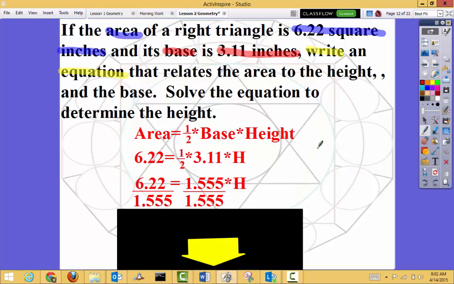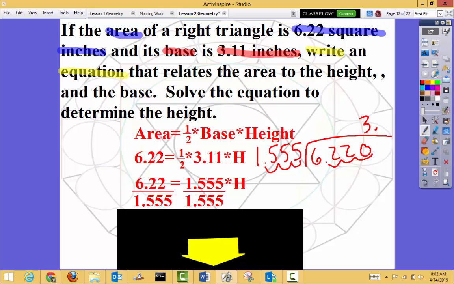So I have 6.22 divided by 1.55. So I'm going to add a 0. This goes in how many times? I'm just going to guess 3. That decimal moves 1, 2, 3 spots, 1, 2, 3 spots.